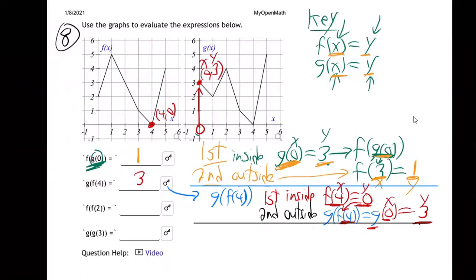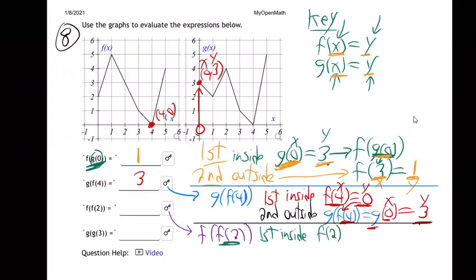Let's try a third one. So now, come on down here. I'm going to do F of F of 2. So you know how it goes. First inside, so that's F of 2 on the inside.